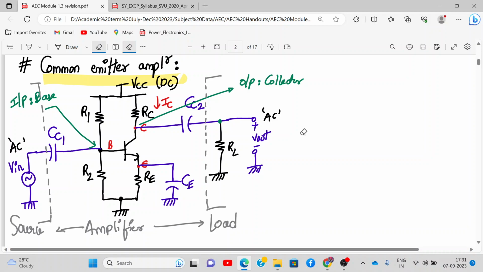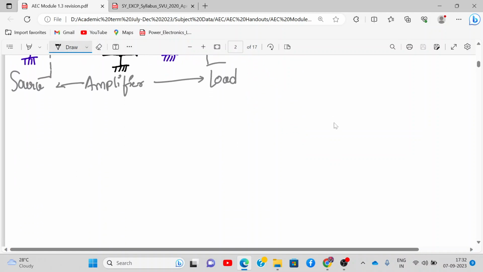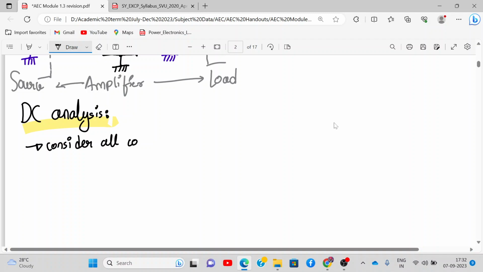Now, for any amplifier, we have DC analysis and AC analysis, right? So, what does the DC analysis say? Let me show you. In DC analysis, we consider all connected capacitors as open circuit.